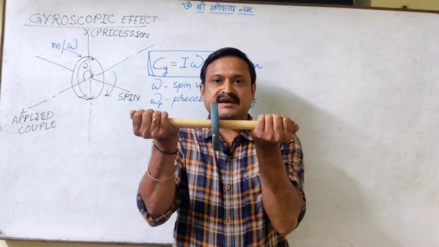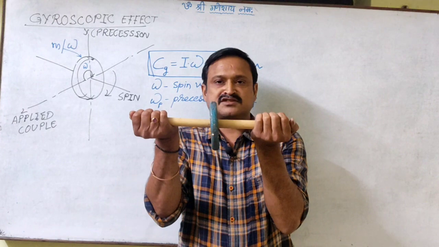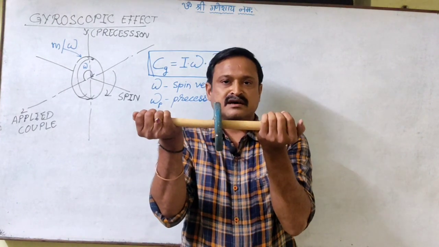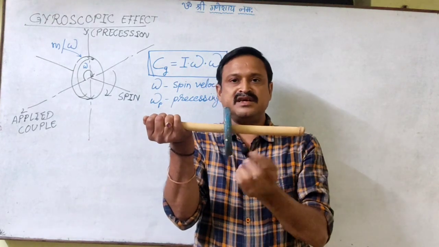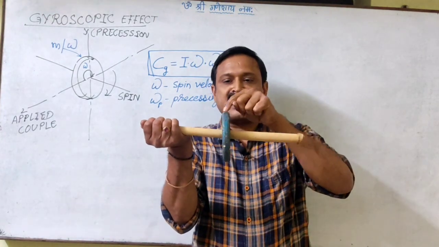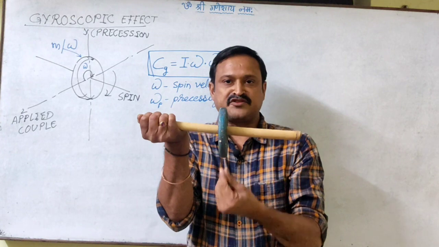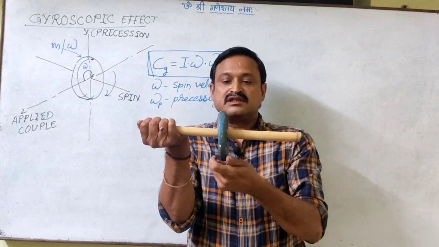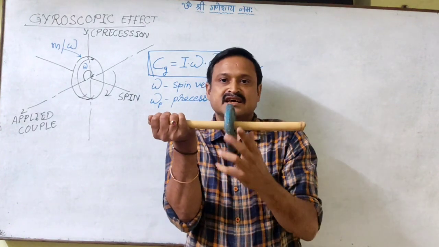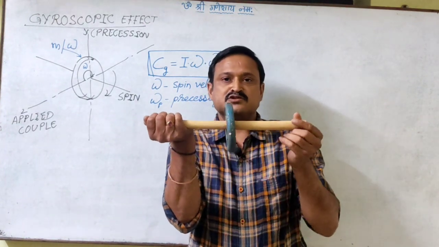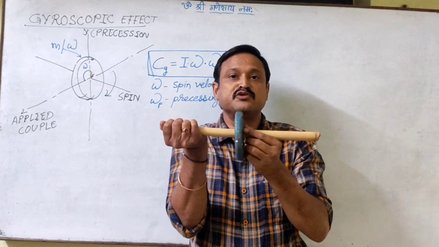Let us say by any chance one of the supports breaks, or it is removed. What will be the tendency of this shaft? The mass of this body will be acting from this point, so this force, the weight, into this distance will create this moment, as if this is going to fall down.